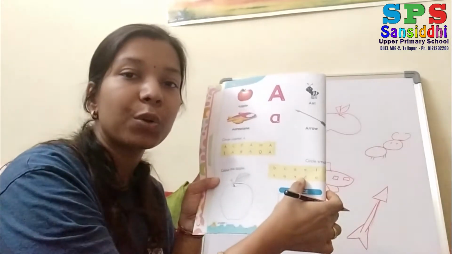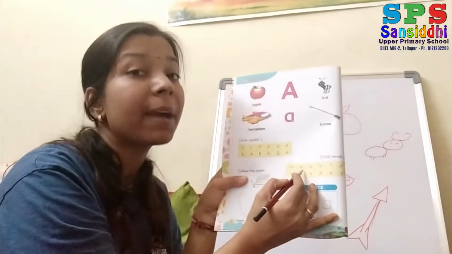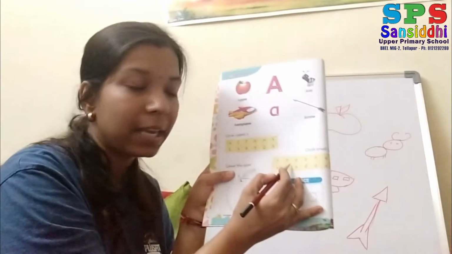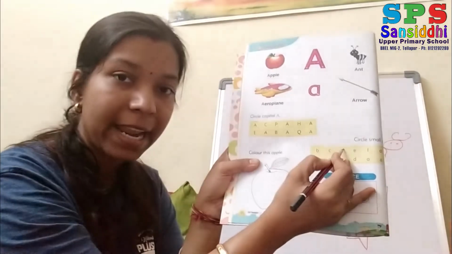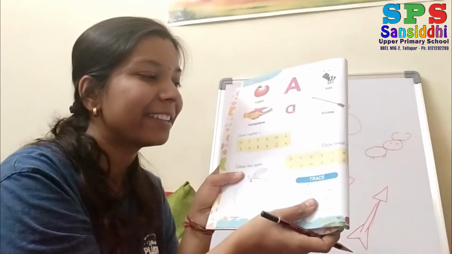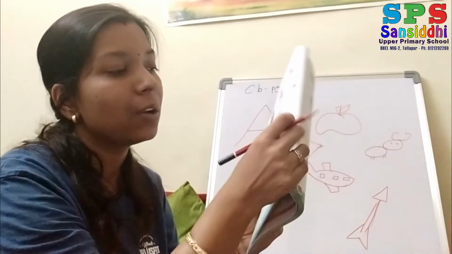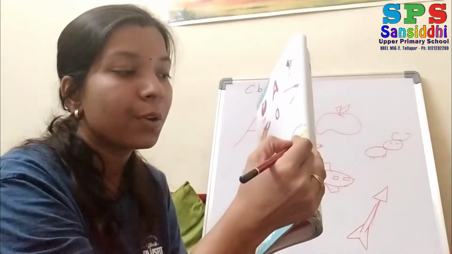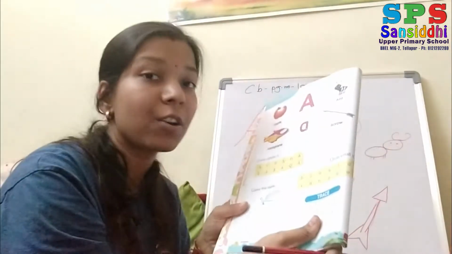Now next, go to the box below. Here also it is the same thing, but they have given small letters. So here, see, small letter A's are also there. So many A's are there, right? You have to circle only small letter A. When you are circling, you can read also.